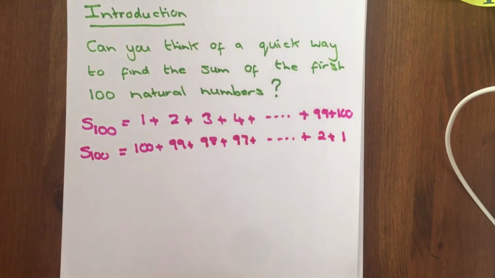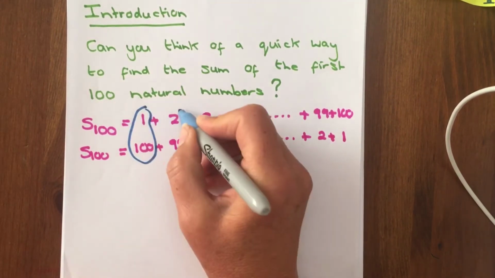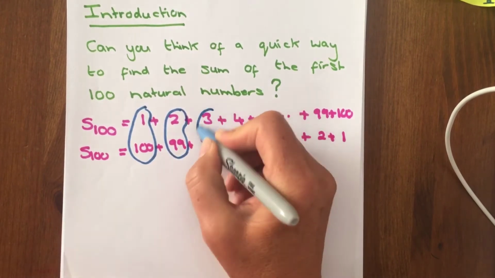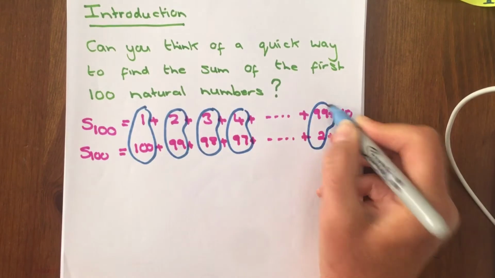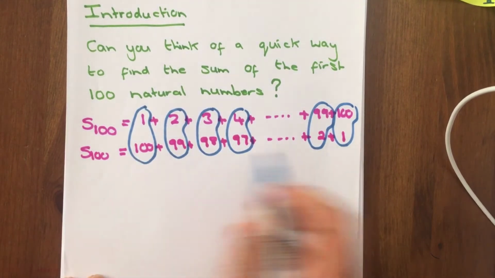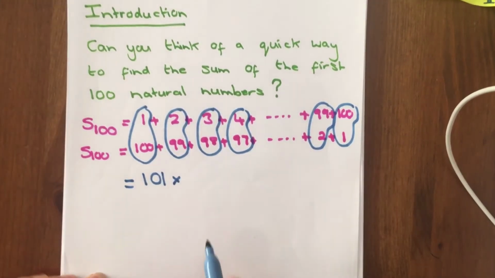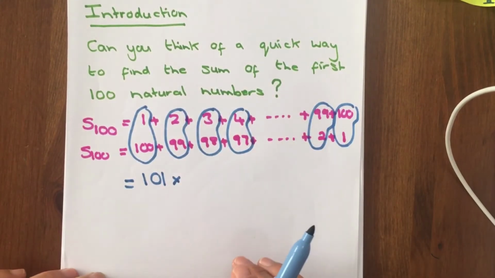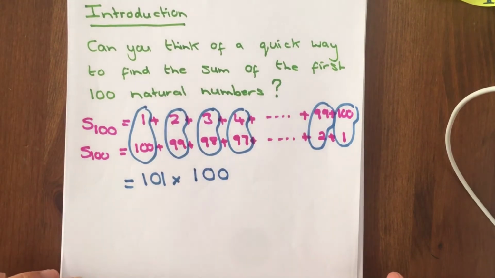So what this child did is they noticed that each of these 2 terms always added up to the same amount, in this case 101. And how many lots of 101 have we got here? Well, we've got 100 terms, so we've got 101, 100 times.